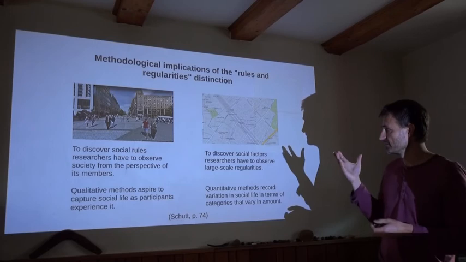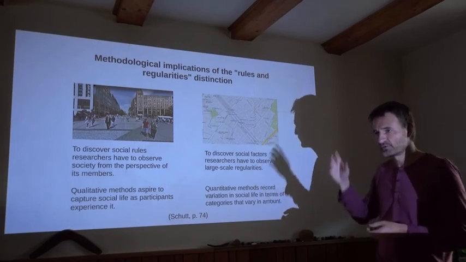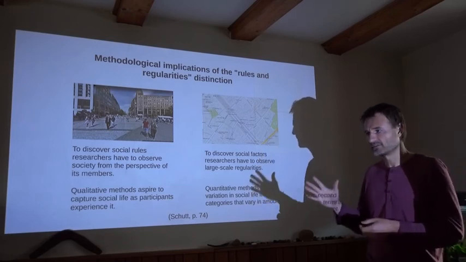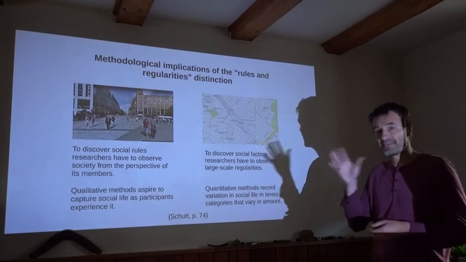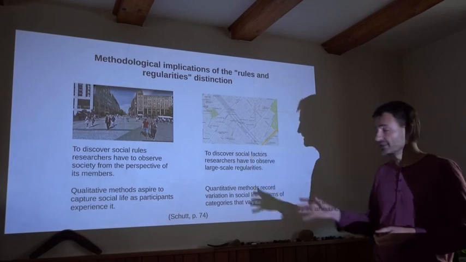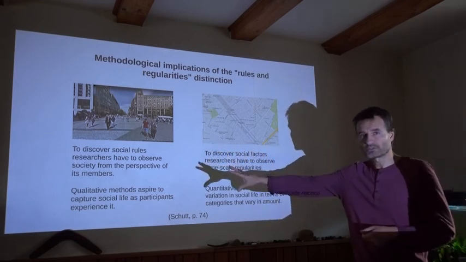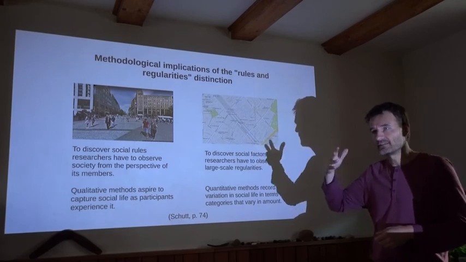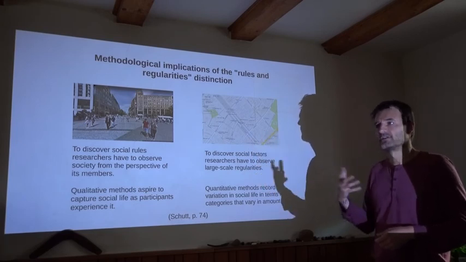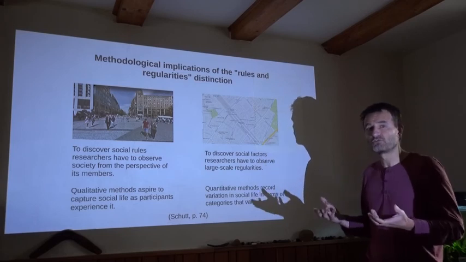And that's why I put on the first slide the notions of meaning and measurement, because rules are about meaning. We must understand the meaning of rules to be able to follow them.